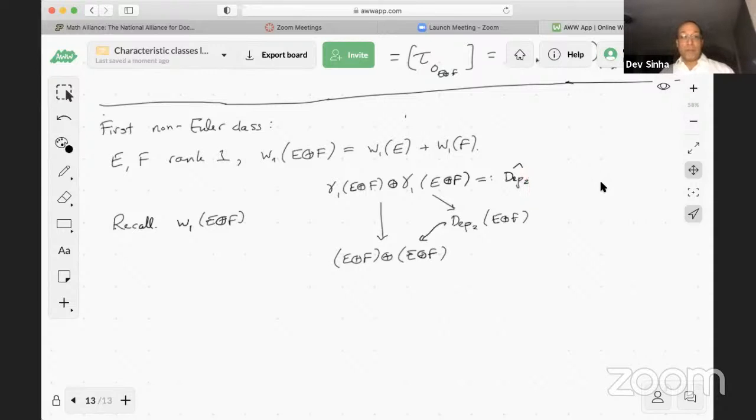And what I want to do first is just argue at the level of dep2, because then we're looking at subspaces of a bundle that's, I think, a little bit more hands-on.